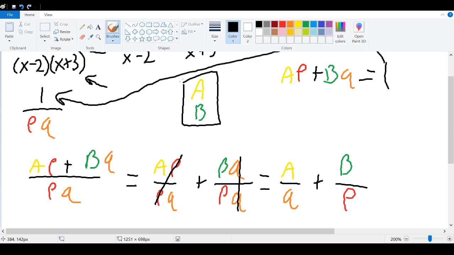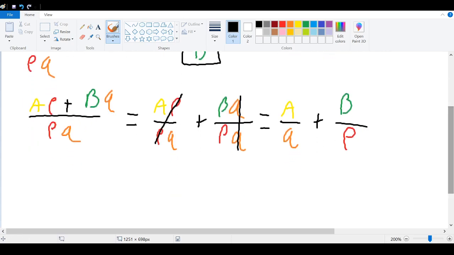And so what that means is if p and q are of degree 1, that means a and b must be of degree 0. But a polynomial of degree 0 is just a constant, right? And so that's how I can conclude that if p and q are factors of a quadratic, a and b are constants.